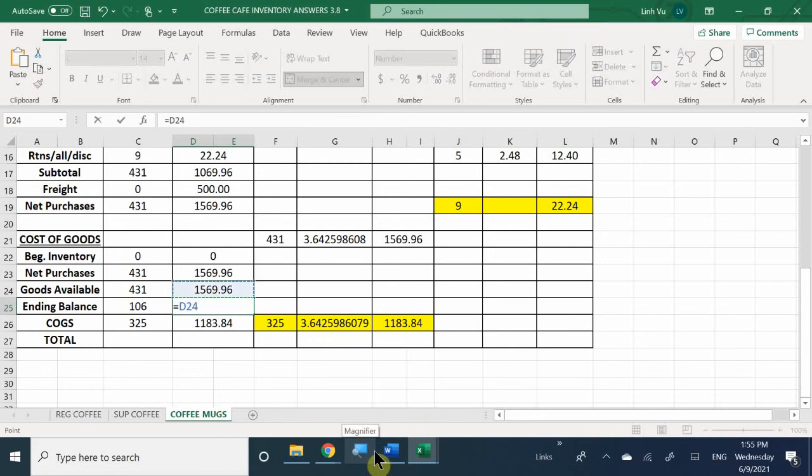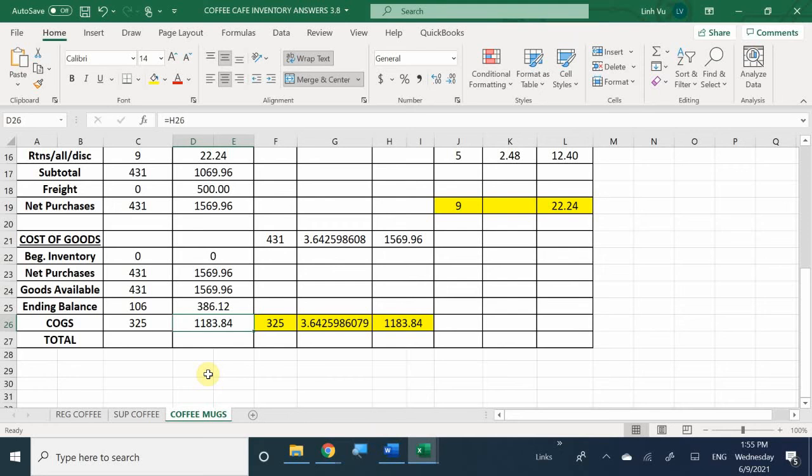So what's my ending balance going to be? 386 and 12 cents. Excellent. I was doing the math too far ahead of time, and it kept messing me up. I ended up with 11 cents, and it all made sense after I went back and actually did the formula with more than just equal round 2.